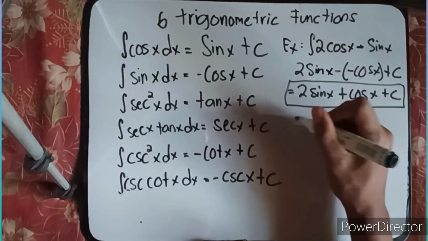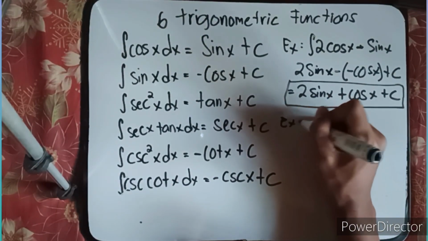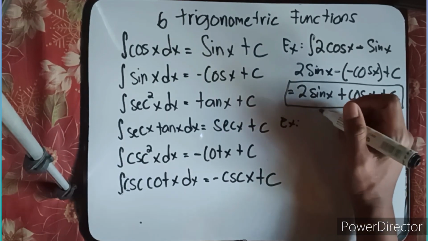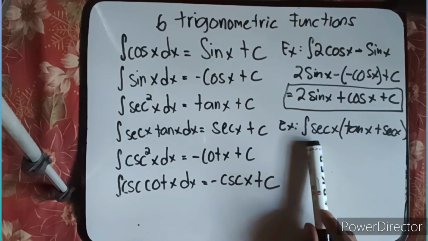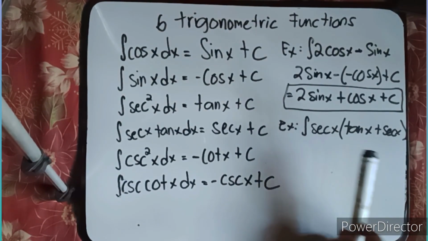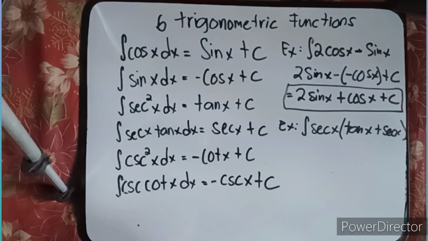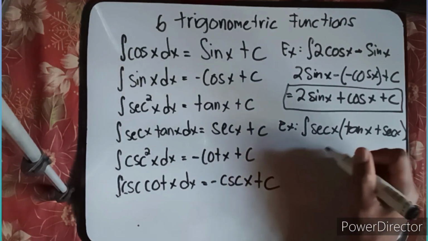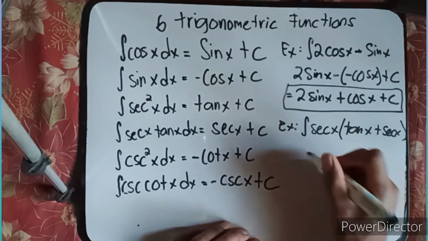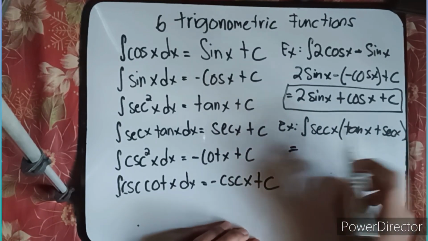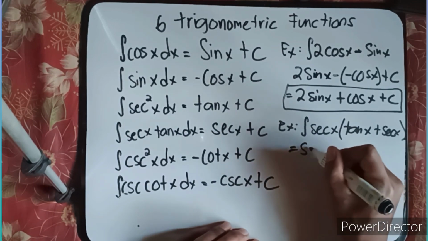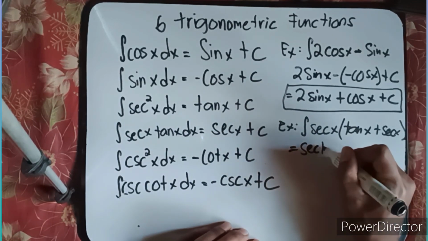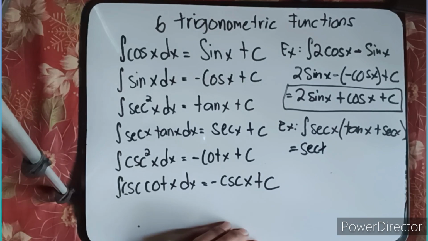So let's have another example. We have the integral of secant x times tangent x plus secant x. The first thing we need to do is multiply this function: multiply secant x by tangent x plus secant x.